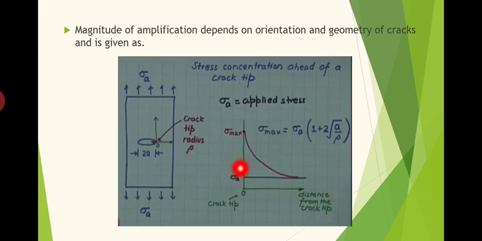The maximum stress will be at the end of this crack, either at this point or here. That maximum stress value is experimentally found to be sigma max equals sigma a, where sigma a is the applied stress, times 1 plus 2 root a by rho, where a is the crack size and rho is the crack tip radius.